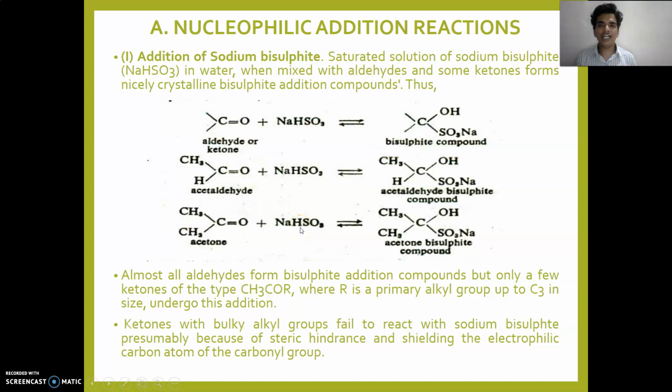Almost all aldehydes form a bisulfite addition compound, but only a few ketones, of the type CH3COR where R is a primary alkyl group up to 3 carbons in size, undergo this addition. Ketones with a bulky alkyl group fail to react with sodium bisulfite because of steric hindrance, shielding the electrophilic carbon atom of the carbonyl carbon.